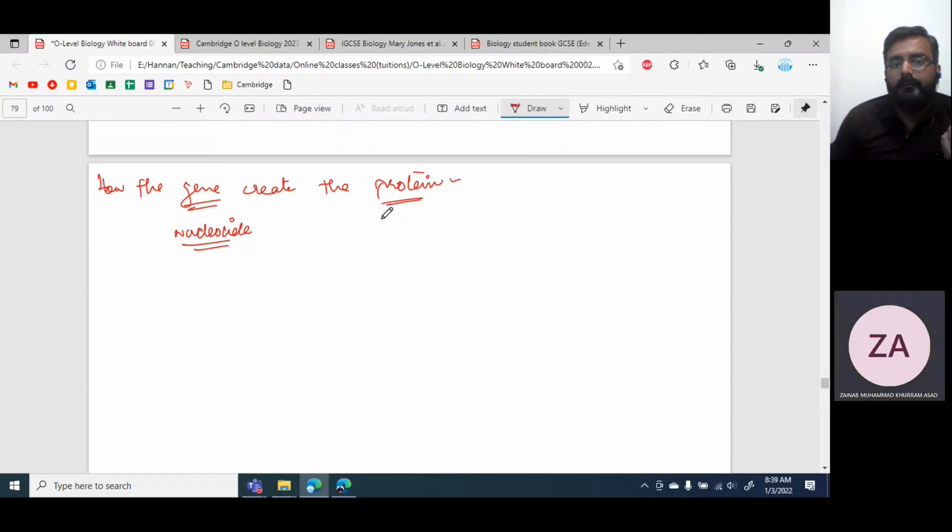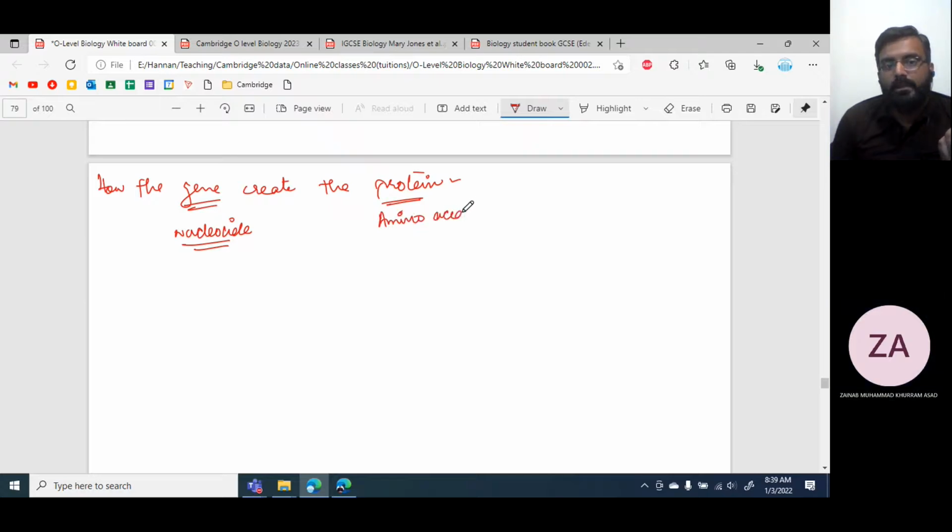Amino acids. Yes. So it means the language of the proteins is amino acids, and the language of the genes or the language of DNA is nucleotide, and this would be converted into this.